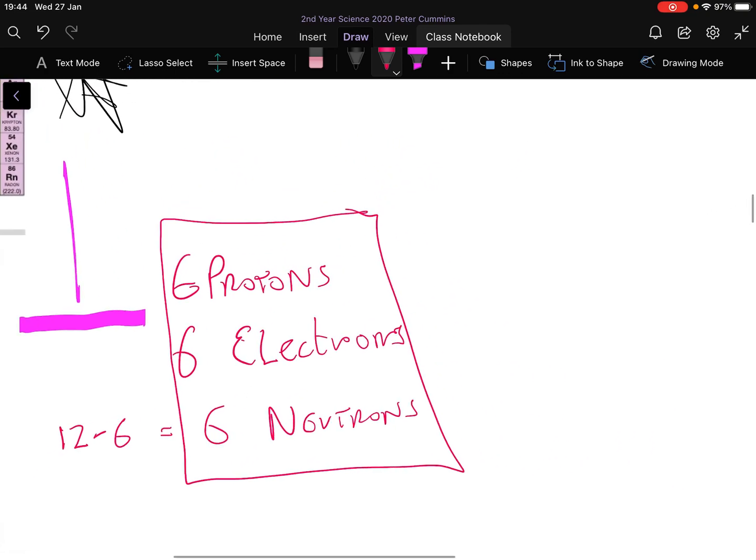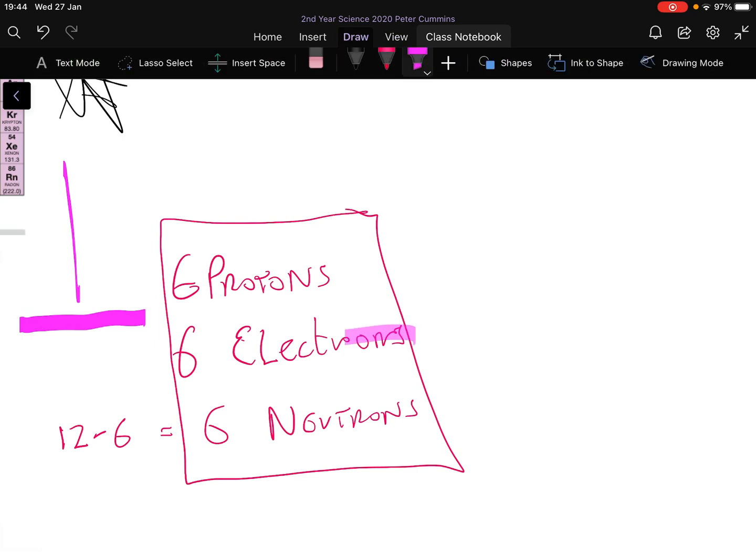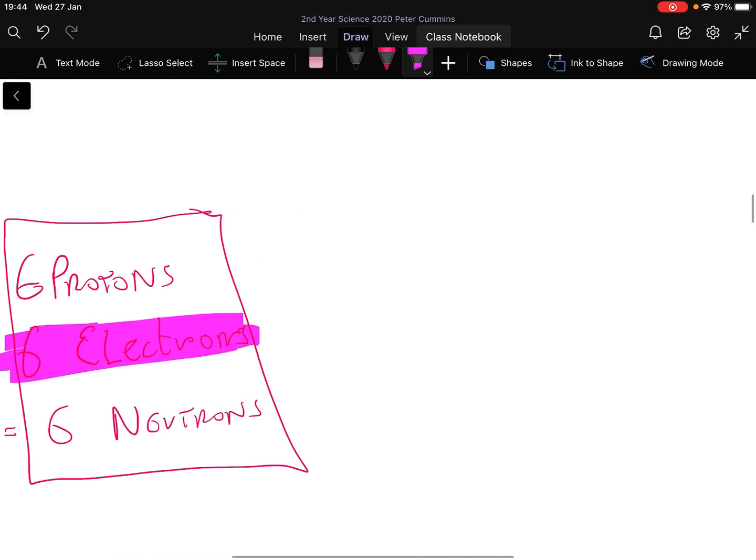Okay, now I want to draw the Bohr structure of carbon. So the way you do this, what we're interested in now is this number here, the 6 electrons. So I take C and put the C in a nucleus, like so, and I write the amount of electrons in there, like that. And I say, right, I want to fill in my electrons.